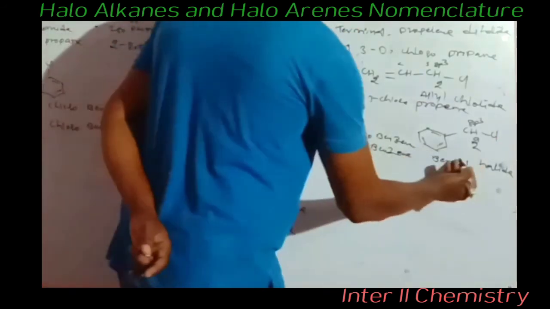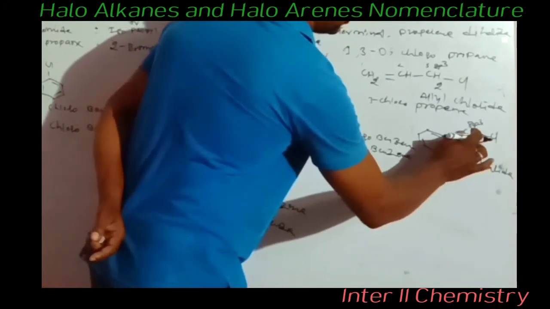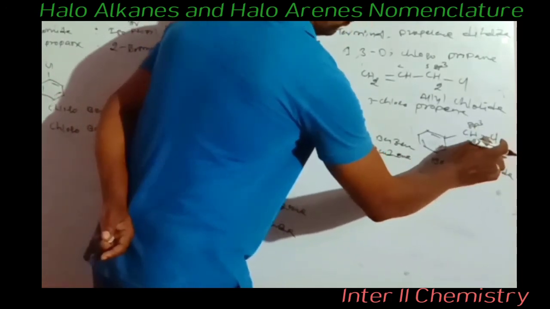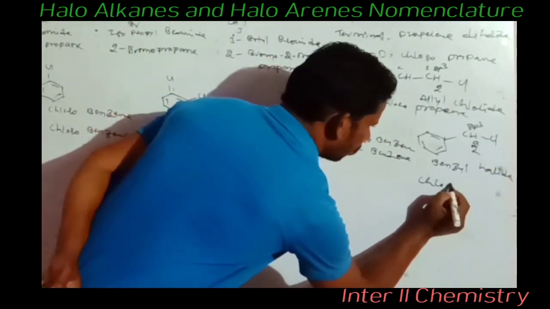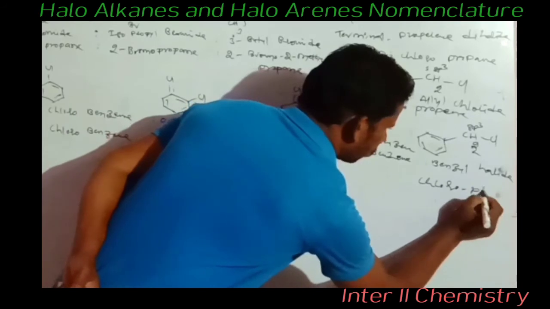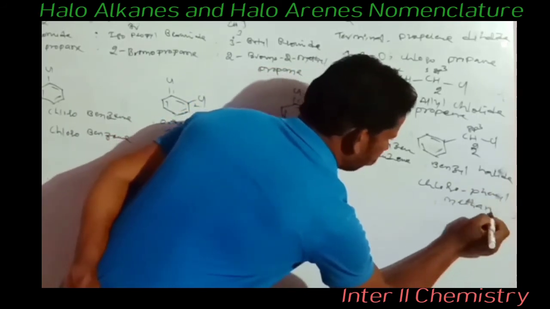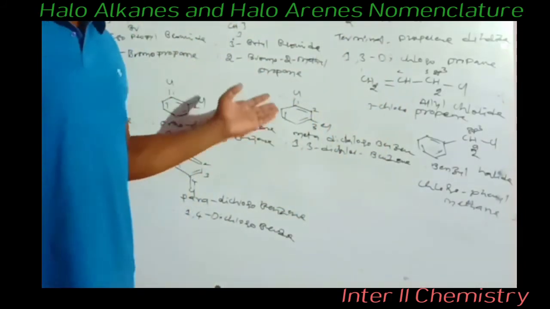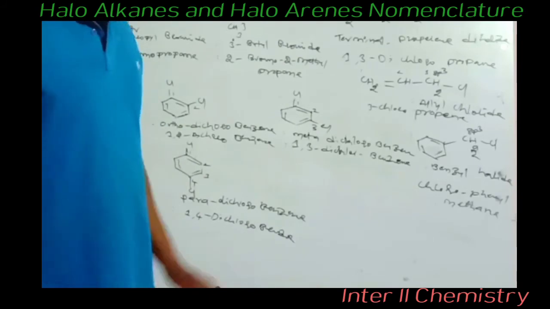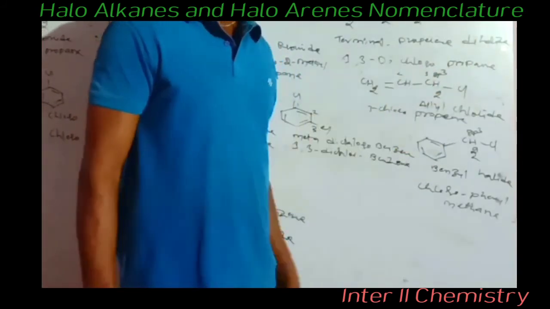Right, here you have to give the priority to this carbon only. So it is a chlorophenyl methane. Already we discussed in the first year also: if any aromatic ring is attached to an aliphatic carbon, you have to give the priority to the aliphatic carbon only and then give the name to that compound.